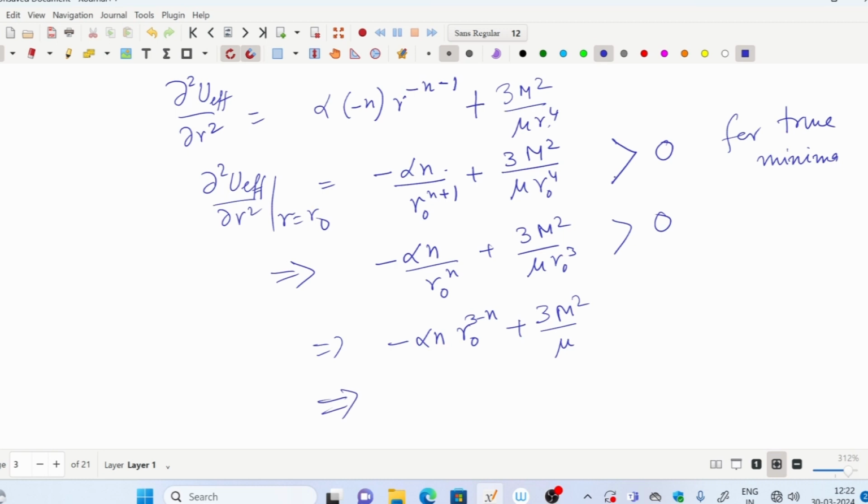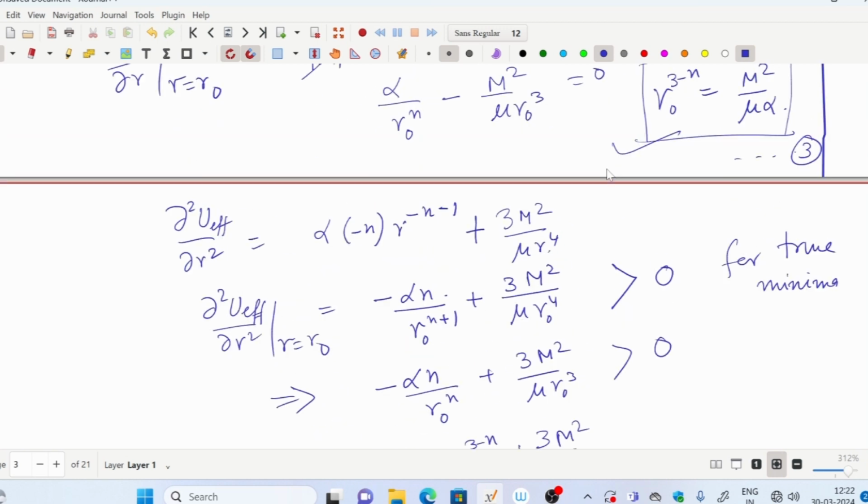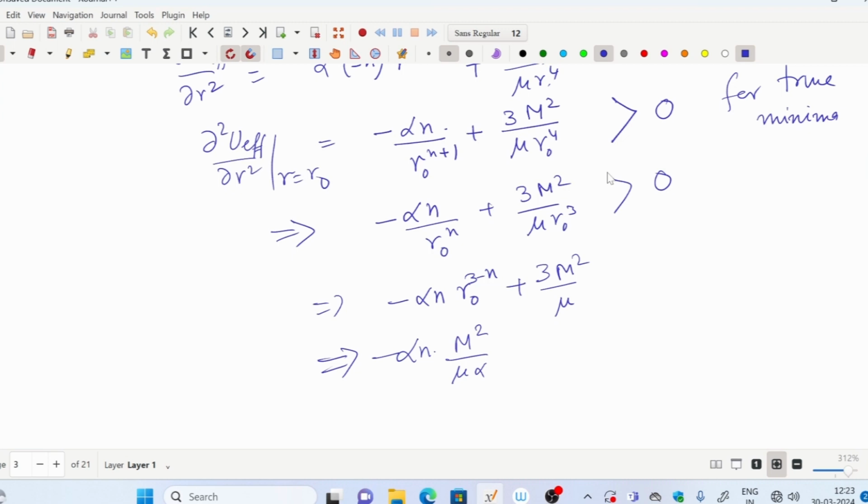So, it implies minus alpha n m square by mu alpha plus 3 m square by mu greater than 0.